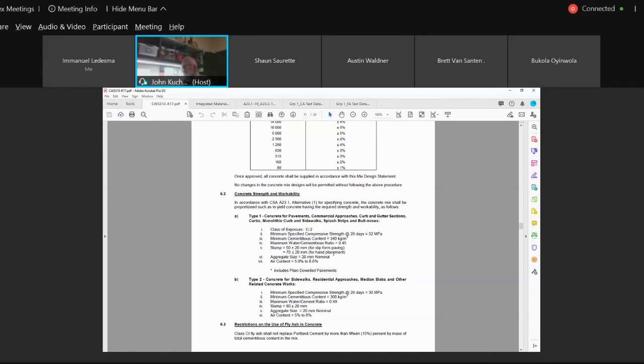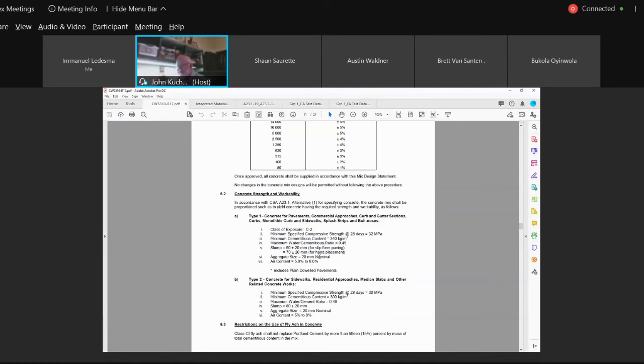That's kind of standard now here in Manitoba. And air content, 5 to 8%. Remember, we're placing air entrained concrete because it's subjected to freeze thaw. It's outdoors. And now we're going to add an admixture to make sure that 5% to 8% of that cubic meter of concrete is air.